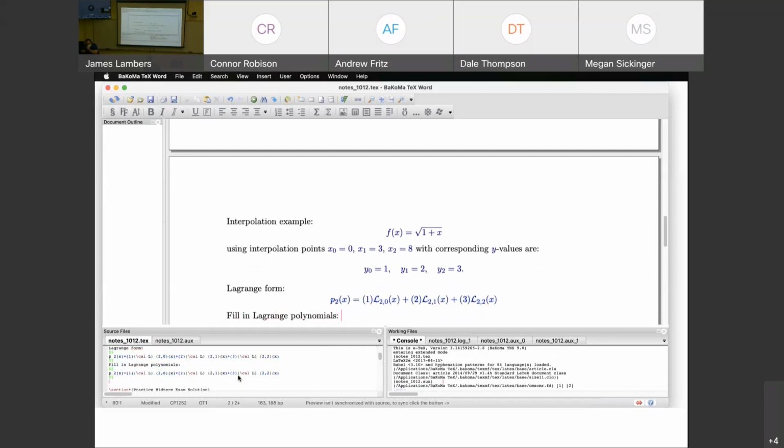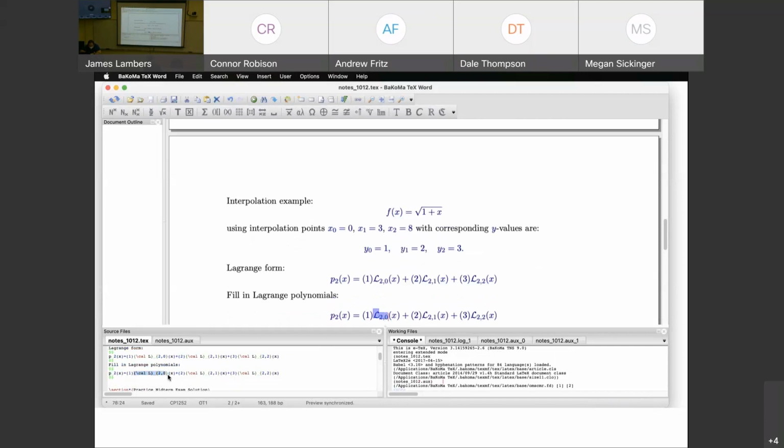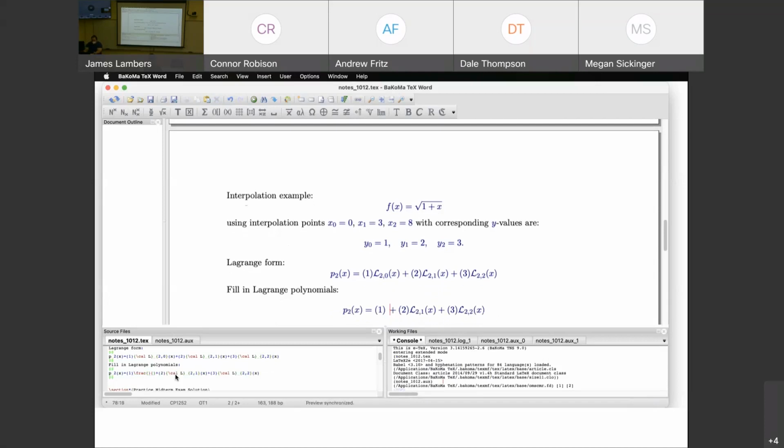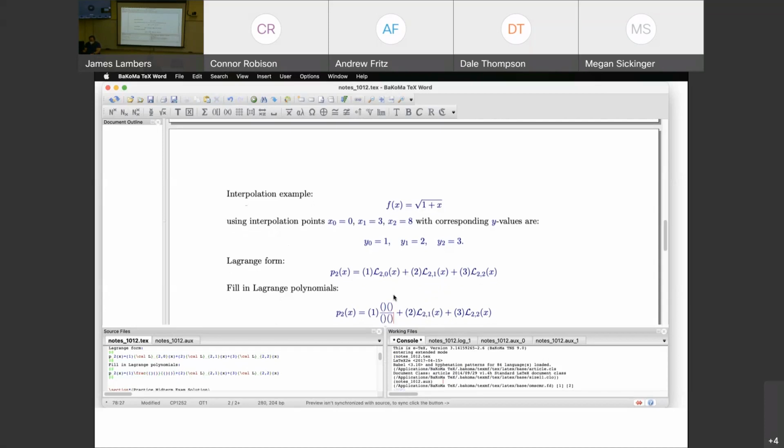So you know that you're going to have linear factors in the numerator and denominator. So I'll start a fraction here. It's a quadratic, so we're going to have two linear factors up top, two linear factors down below.